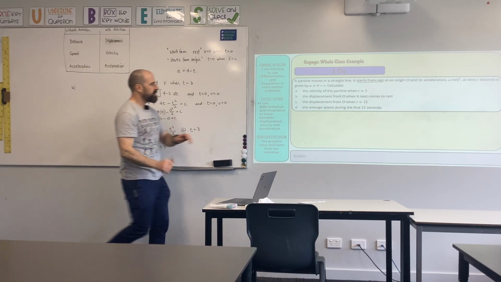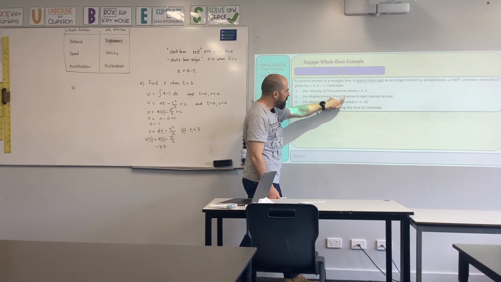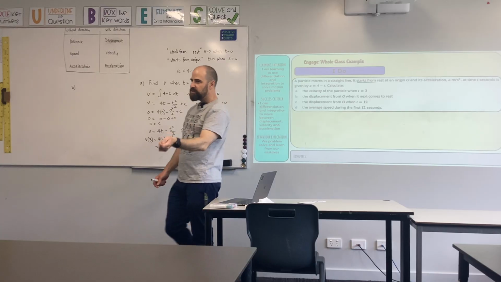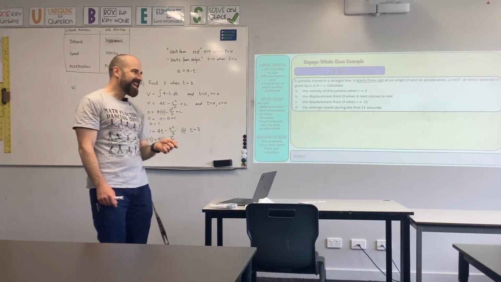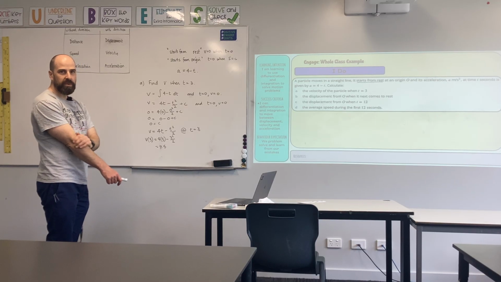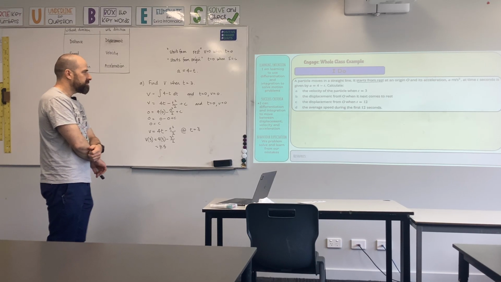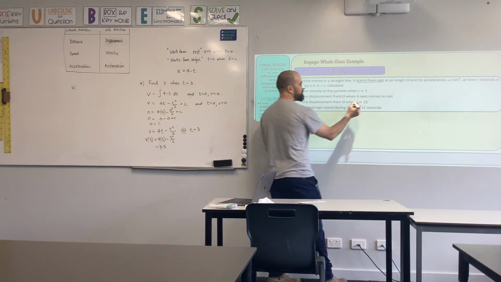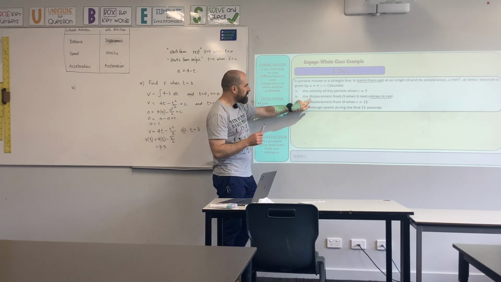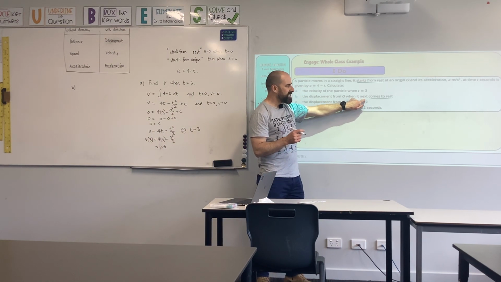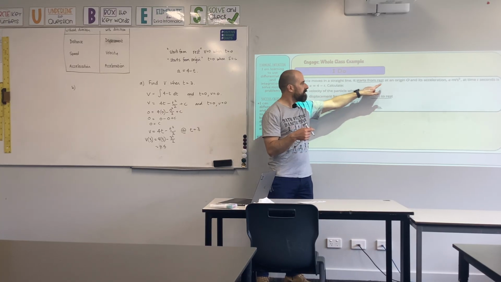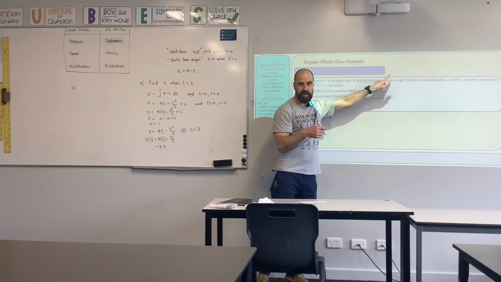B. Find the displacement from the origin when it next comes to rest. What does that mean? Some key terms in there. What do we think comes to rest means? Velocity equals 0. So this is saying, when is the velocity next equal to 0? When was it first equal to 0? At the start, at the origin, when we began.